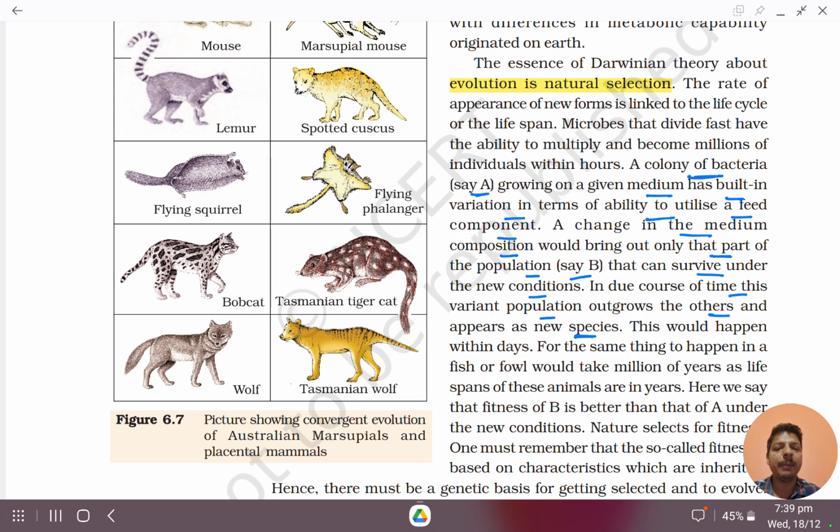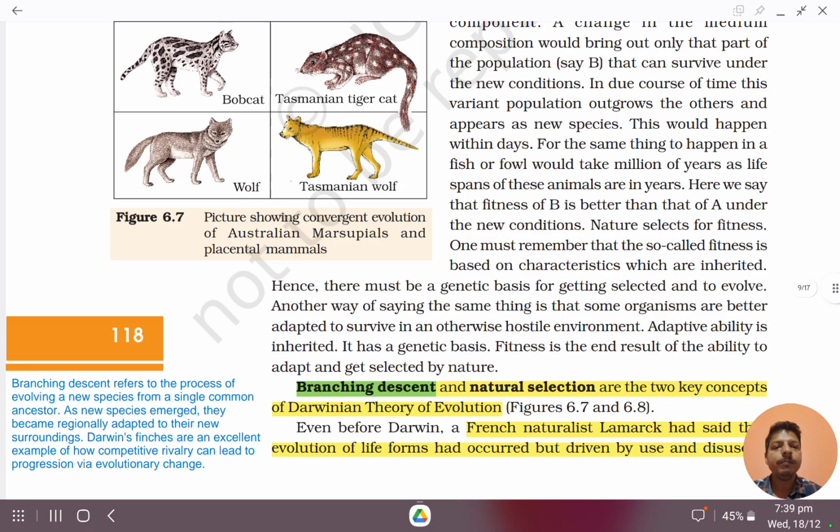For the same thing to happen in a fish or fowl would take millions of years, as the lifespans of these animals are in years. Here we say that the fitness of B is better than that of A under the new condition. Nature selects for fitness. One must remember that so-called fitness is based on characteristics which are inherited.